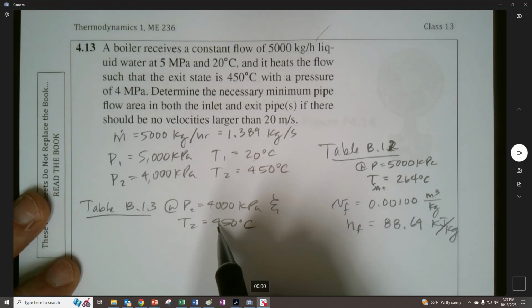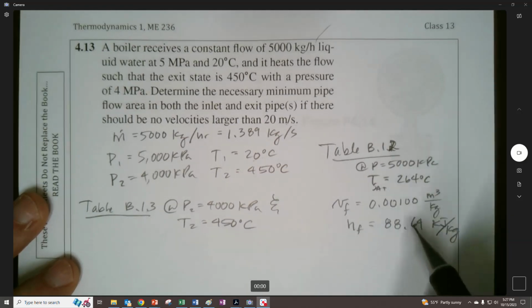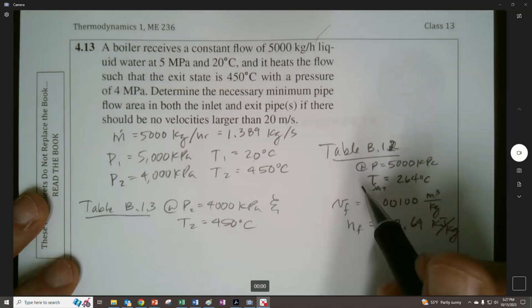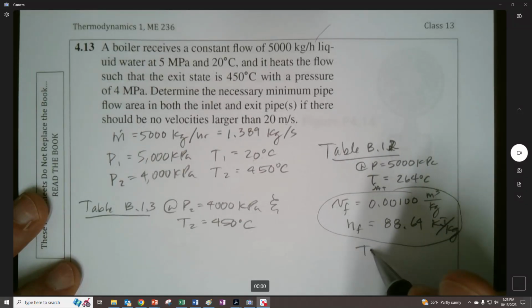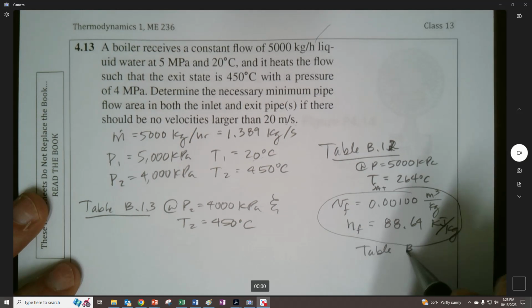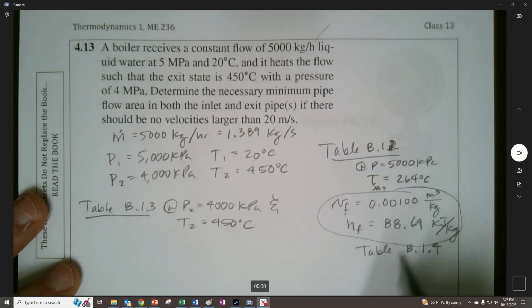4,000. Oh, I see. I know what I went and did. I think these were actually from table B.1.4. Yeah, that's where I got those. B.1.4.